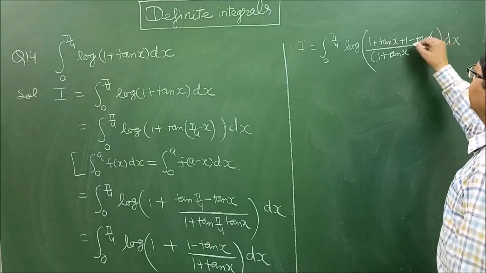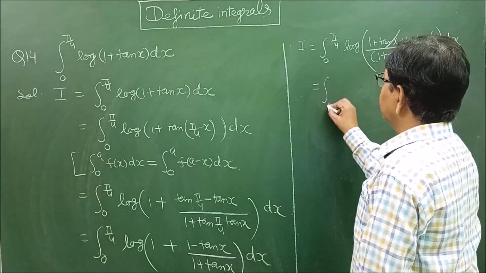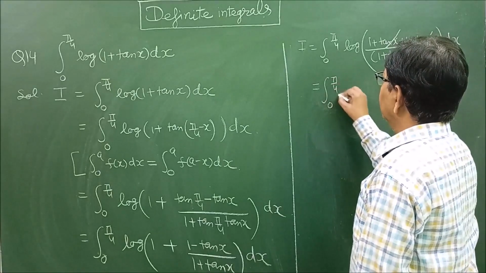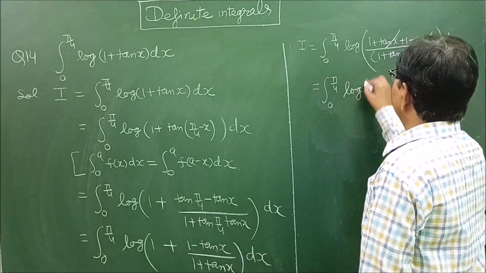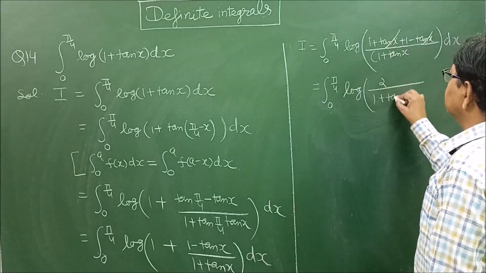This tan x and tan x get cancelled, so this is equal to 0 to pi by 4 log 2 upon 1 plus tan x dx.